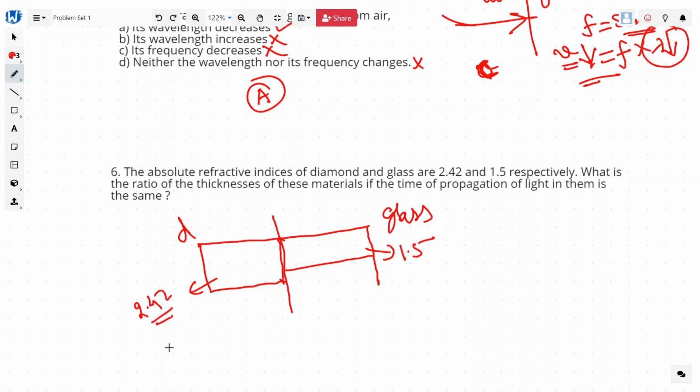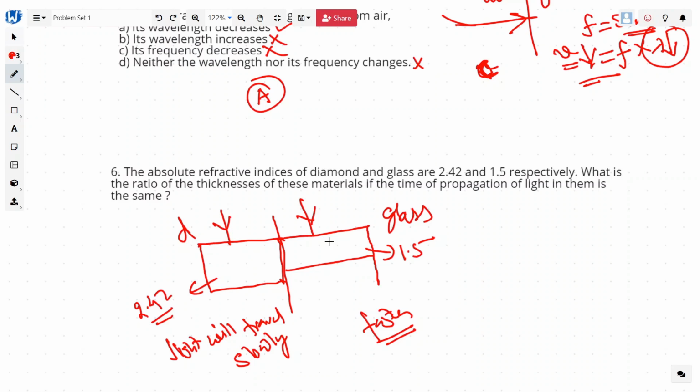Means light will travel slower here, and faster here. Now it says that when a ray of light enters from here and here, basically the time of propagation of them is the same. This means in a time t, it is going to cover a distance d glass, and here d diamond, which is a distance in diamond.